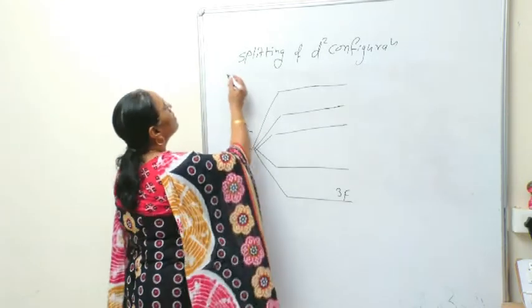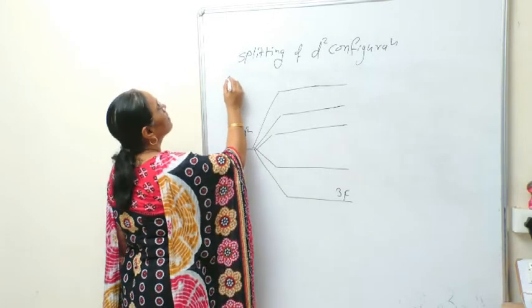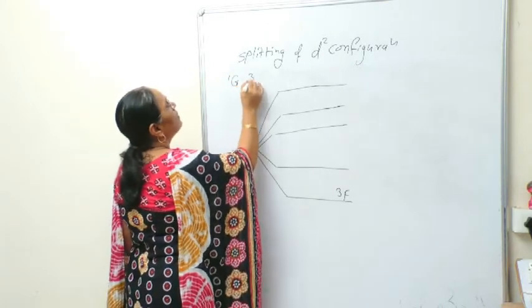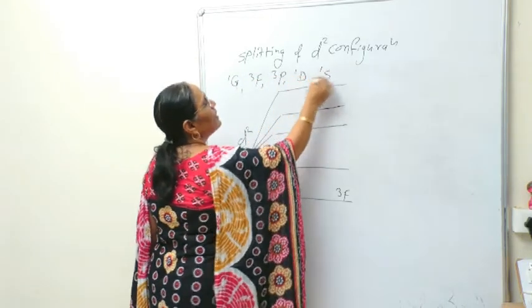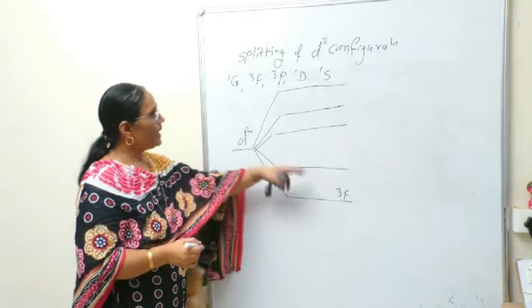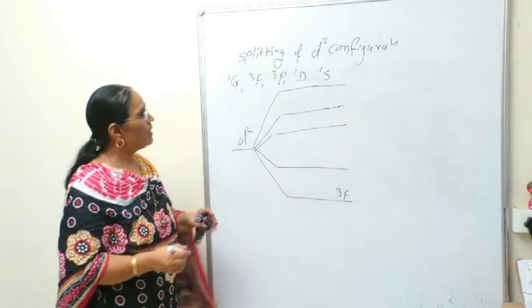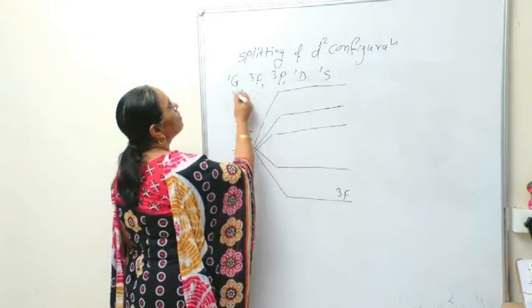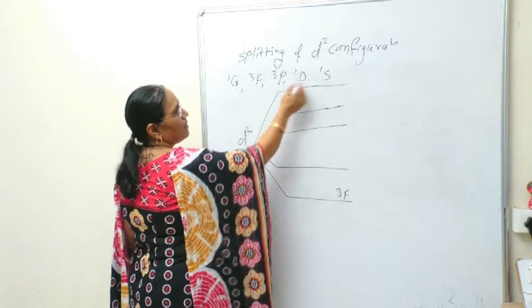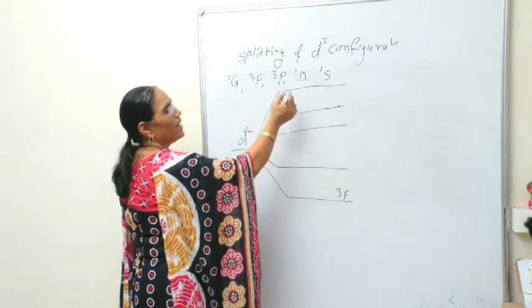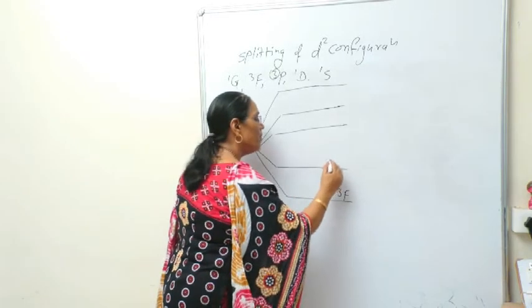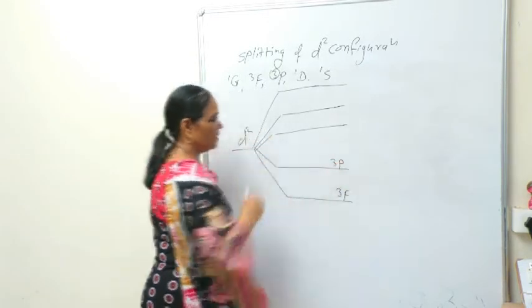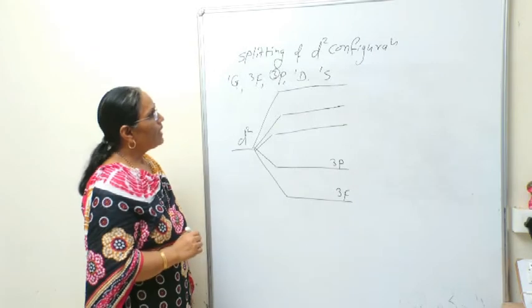Then from here we will write down the singlet G, triplet F, triplet P, singlet D and singlet S. So triplet F is the ground state. Then out of the remaining four, again the first rule to apply is the highest spin multiplicity. Therefore triplet P is next highest to the triplet F.